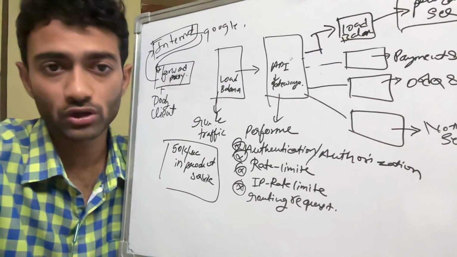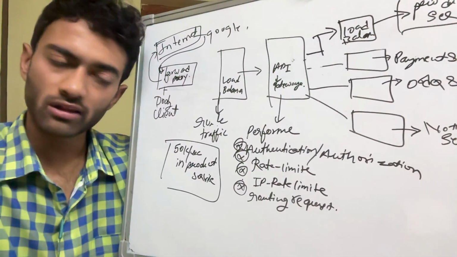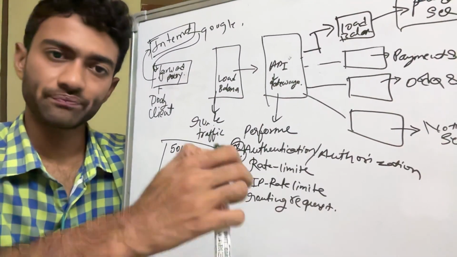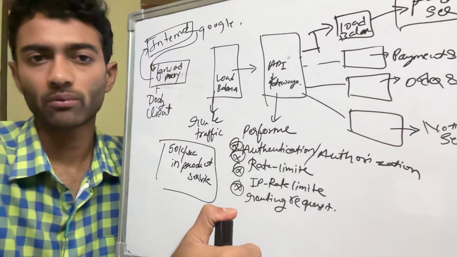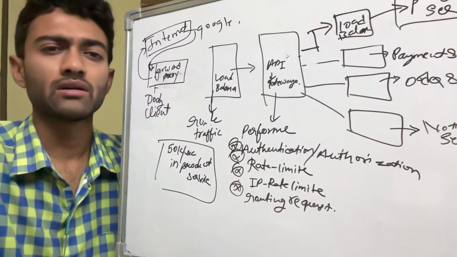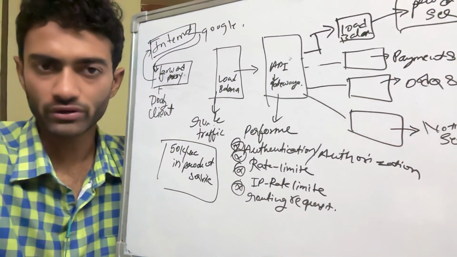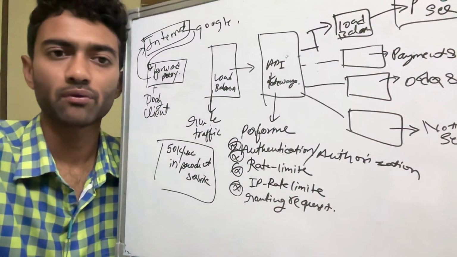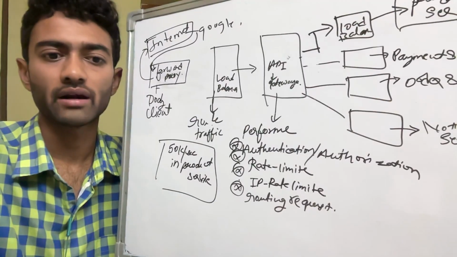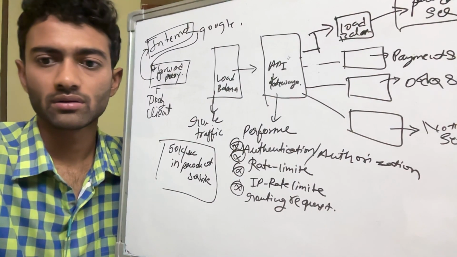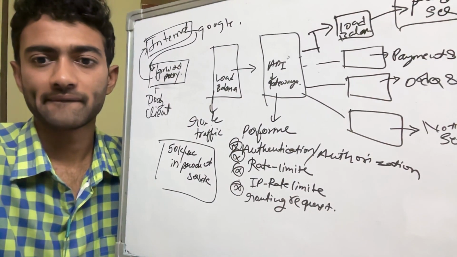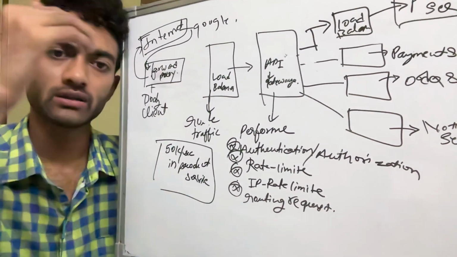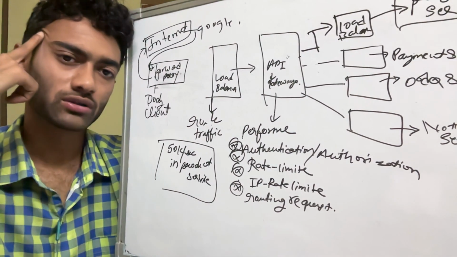To recap, the same things: rate limiting, authentication, authorization, protecting servers from DDoS and huge traffic, and SSL termination certificates, which means protecting servers and systems from large scale attacks. So this is the actual reason why we use it.